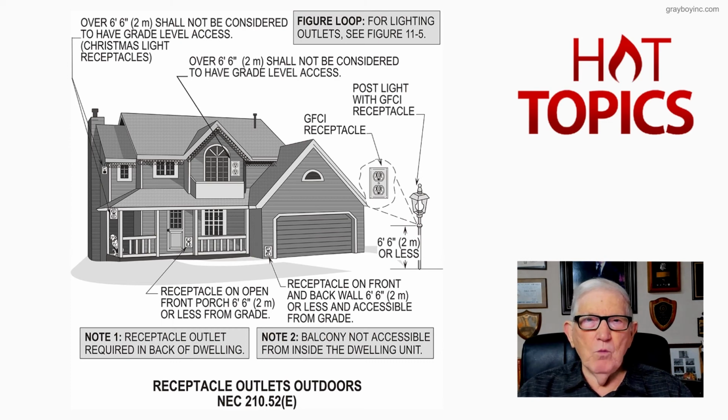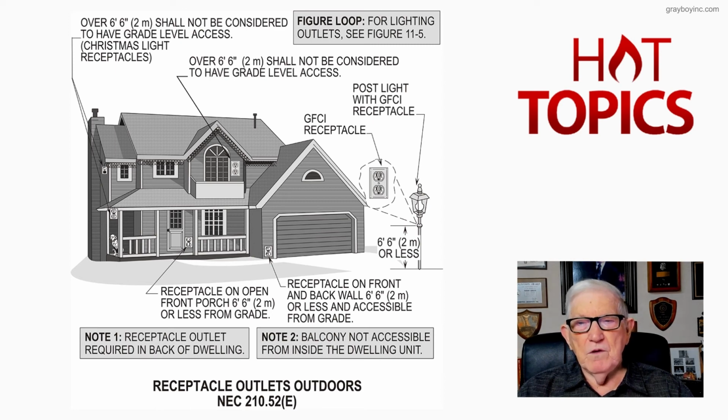But the exception 1 to 210.11C4 will allow the GFCI protected receptacle in the garage to protect this receptacle outside that you see there under the exception number 1. So you're basically looking at 210.52G on page 70, I think it is, for the garage receptacle.